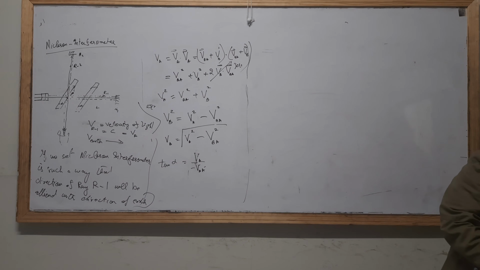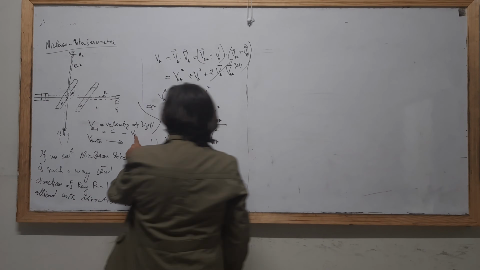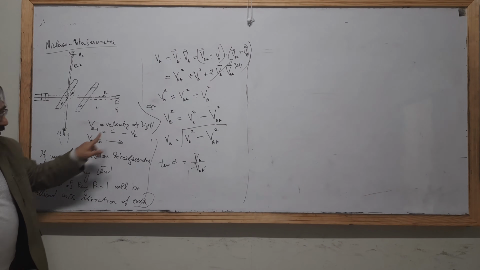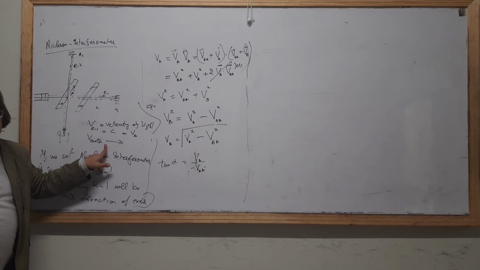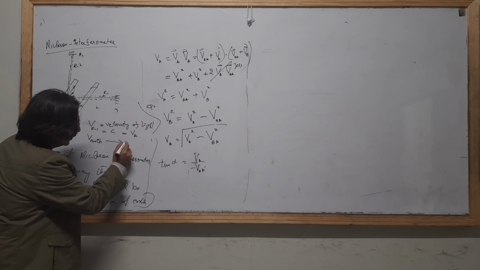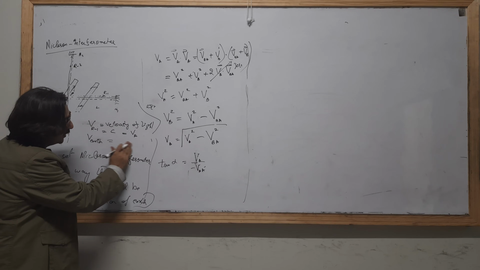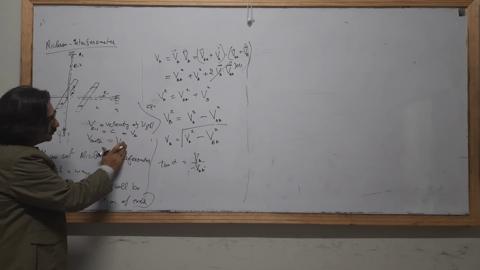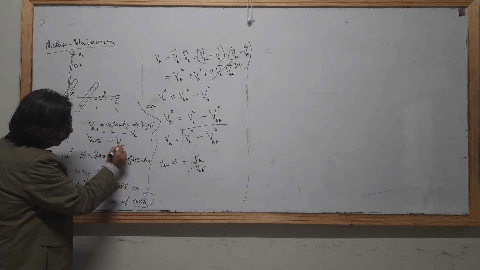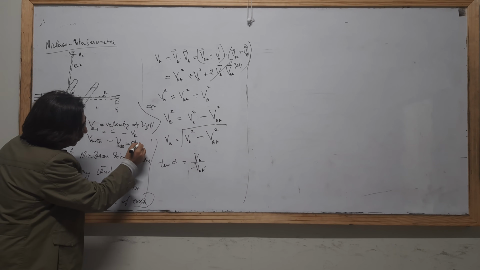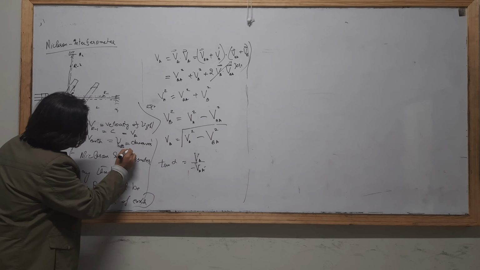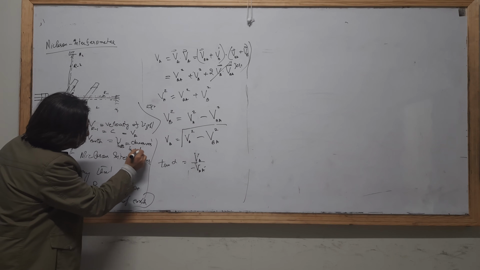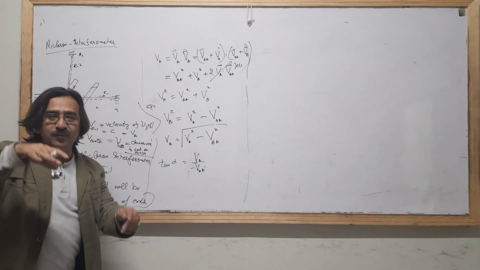This is velocity A. VA is the velocity c. Velocity of Earth is, that is equal to, because the observer is VB. Why? Because the observer is on Earth, that is moving along the Earth.